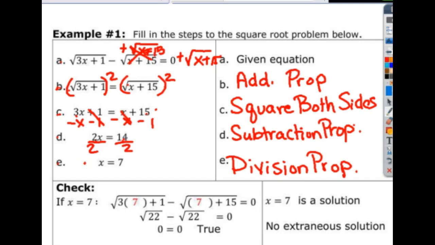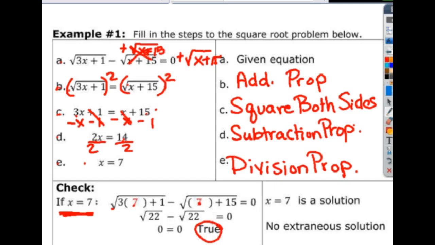You don't know for sure if you have a true answer until you check it. When you check it, you're checking this answer. This is the original problem, and in place of x, they put a 7 and checked it out. And what does this mean? It checked out, it's true.